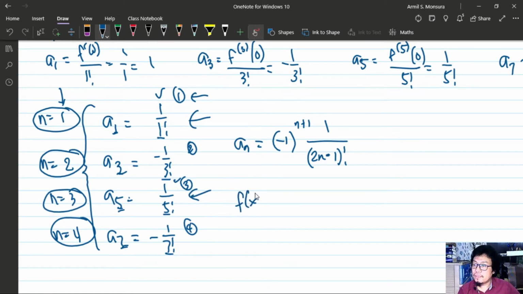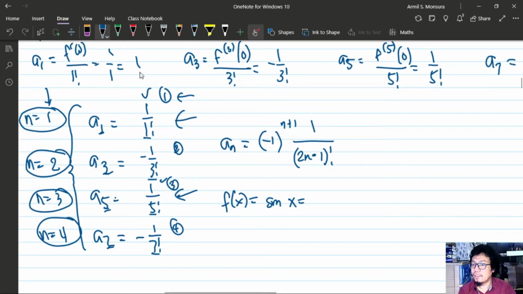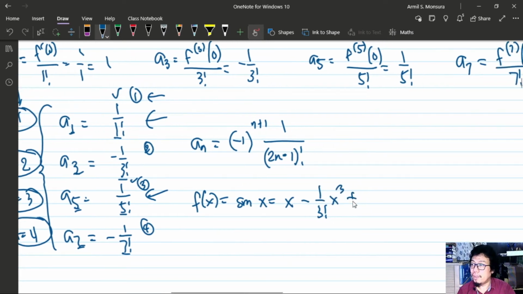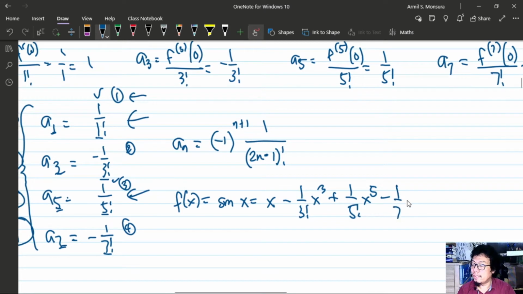So f of x for your sine of x is, we start with this one, so that's 1 times x, so that's x, minus 1 over 3 factorial times x cubed, plus 1 over 5 factorial times x raised to 5, minus 1 over 7 factorial times x raised to 7, and so on.